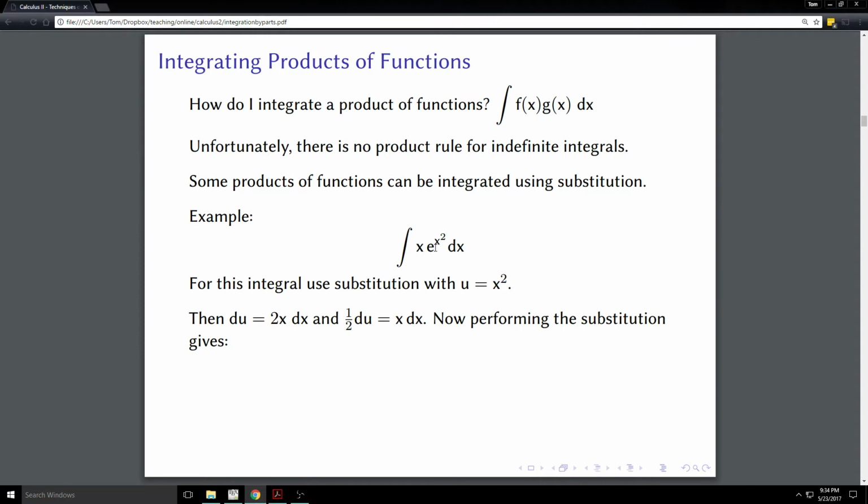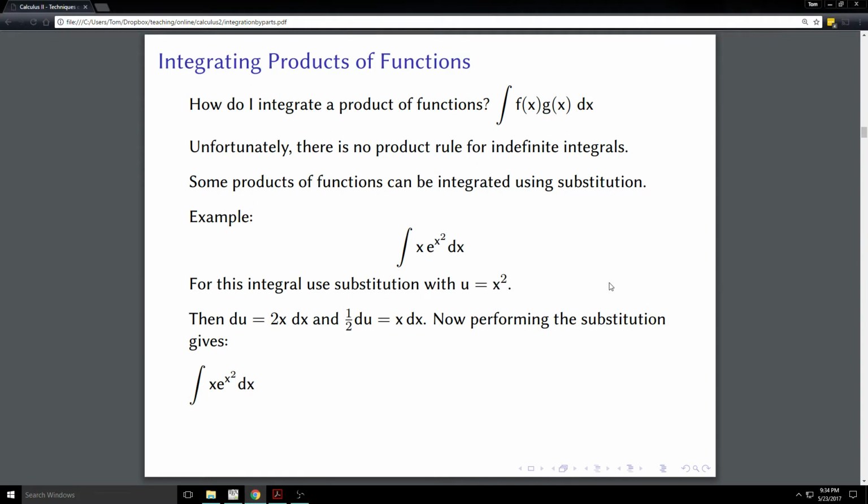When I go to make my substitution, I notice I have this x and this dx here, but I don't have the 2. That's an easy fix because I can just multiply both sides by 1/2. Multiplying this equation by 1/2 gives me this, and now everything's lined up for the substitution.